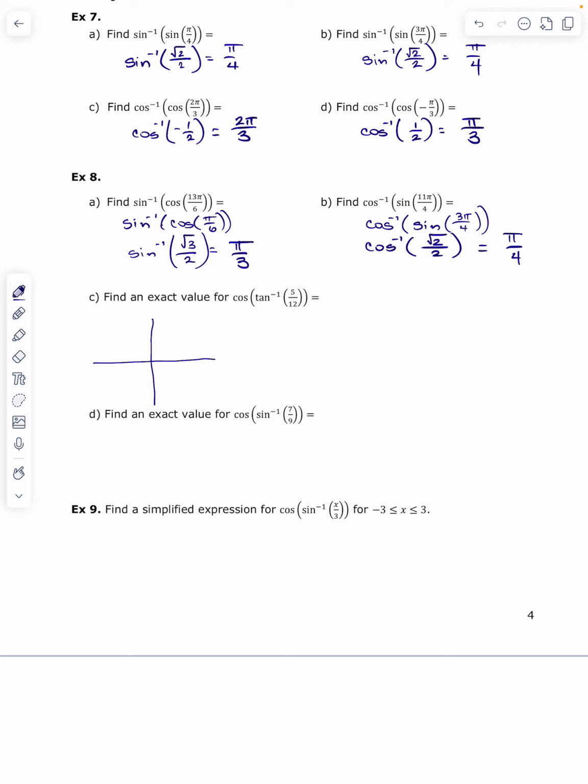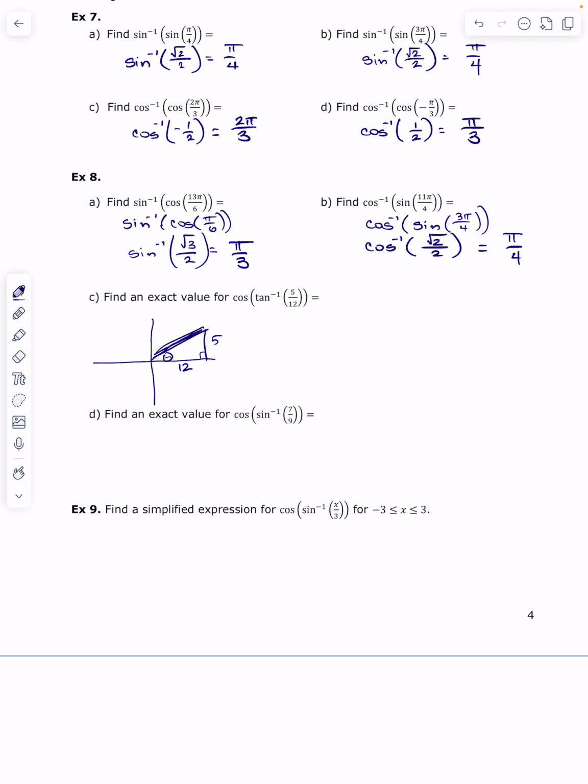But I know that tangent is opposite over adjacent. So I'm going to draw my reference triangle in here and put my theta right there. Opposite over adjacent, 5 over 12. Okay, so my opposite side is 5, my adjacent side is 12.